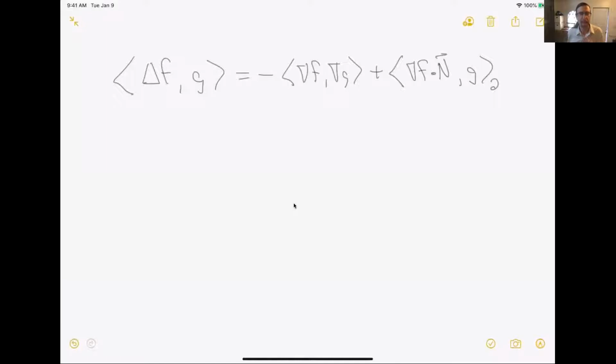And he has a hint in his notes that you should do this with differential forms, which is doable. I went and did it that way, but I do think it's easier the vector calculus way. So I'm going to give you a hint the vector calculus way. First, if you read his notes, he's got two different definitions of these bars. If you've got two functions, the bars mean just integrate the product of those functions over some domain.